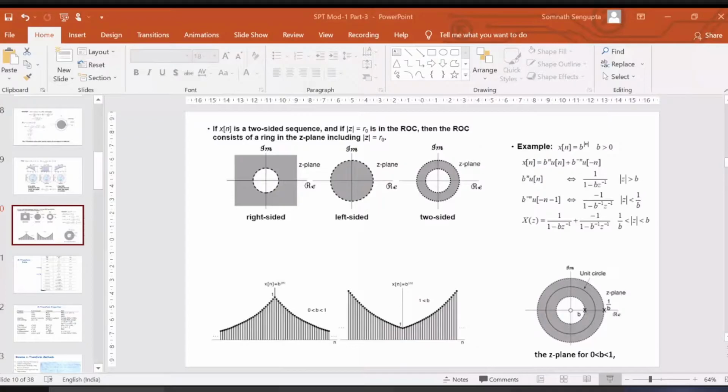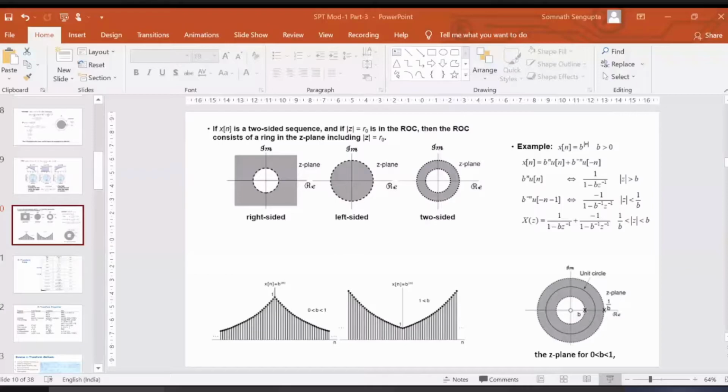Time reversal: if it is x of minus n, then in z domain it becomes x of z inverse. Similarly differentiation: n x[n], if you take the z transform, it is minus z dX(z)/dz. And convolution in the time domain sequence leads to multiplication in Z domain. So these are some properties of Z transform.